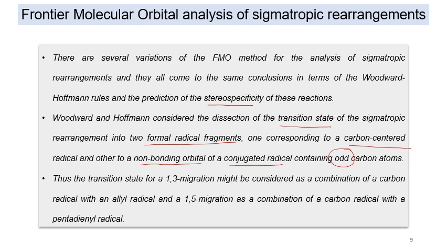Thus, the transition state for a 1,3 migration, for example, might be considered as a combination of a carbon radical with an allyl radical. And a 1,5 migration, for example, can be considered as a combination of a carbon radical, that is 1, with a pentadienyl radical, that is 5.